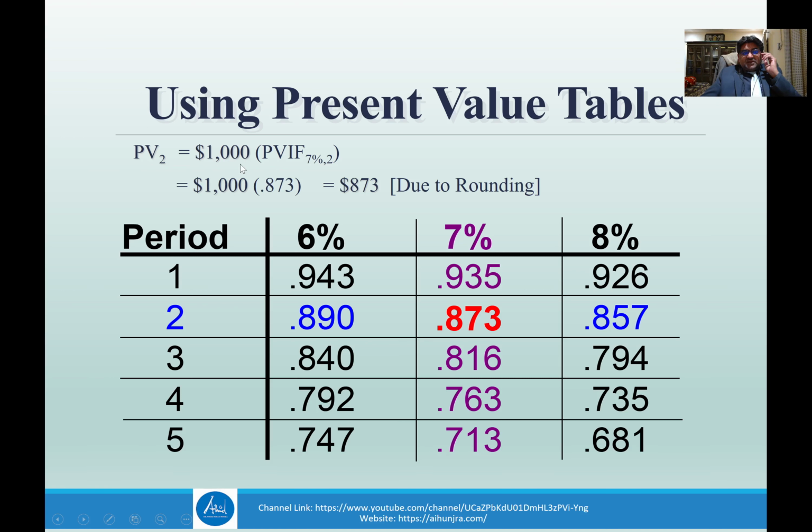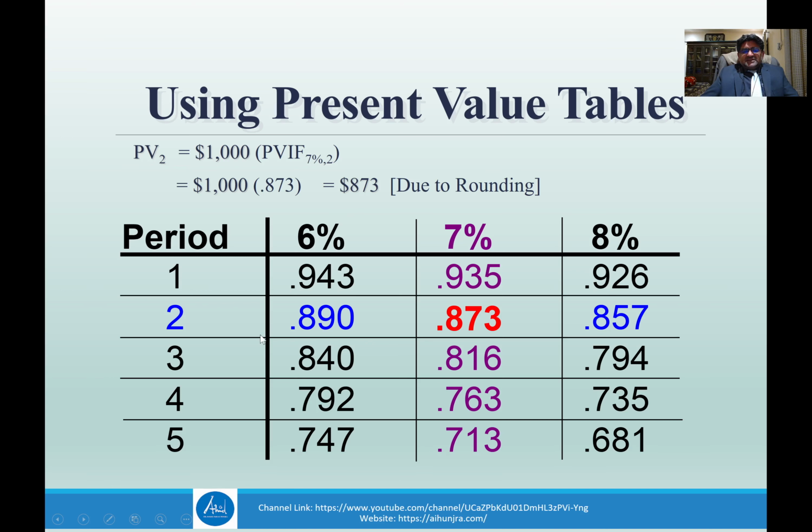The future value is 1000, interest rate is 7%, number of time periods is 2. So the time period is the second year, here is the 2, and the interest rate is 7%. So this is the present value interest factor. We simply put this value here, so we can calculate the value, 873.